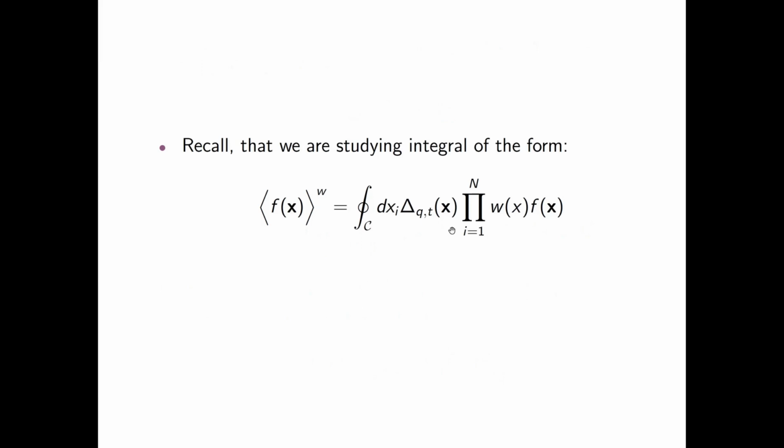So recall that we are actually studying integrals of this form. Sorry, there are quite a few misprints in my slides. I apologize for that. This should have a label I, obviously.